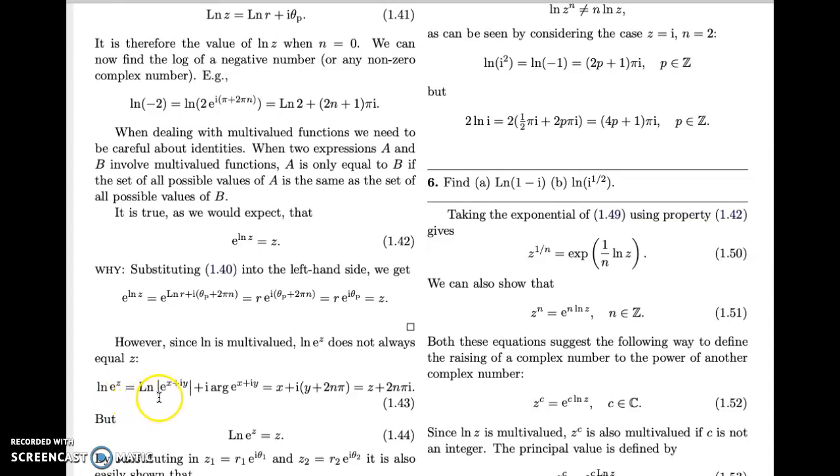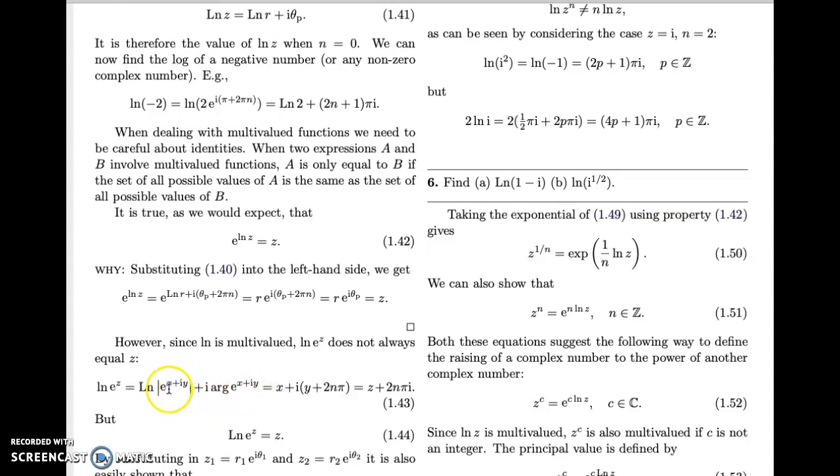Well, z is x plus iy, so it's log of the modulus of e to the x plus iy, okay, so we're writing this in polar form, plus i times the argument of e to the x plus iy, which, remember, is multi-valued.